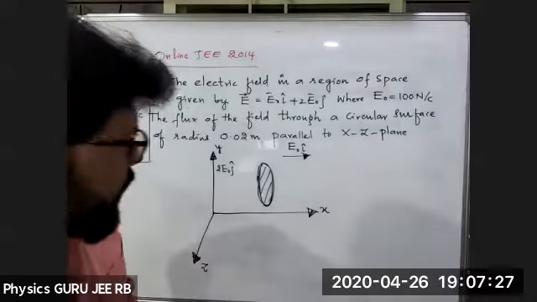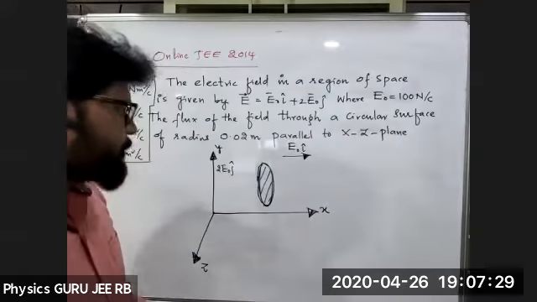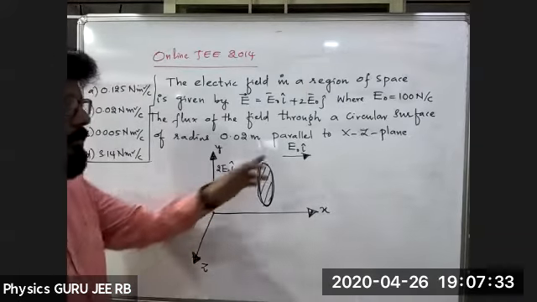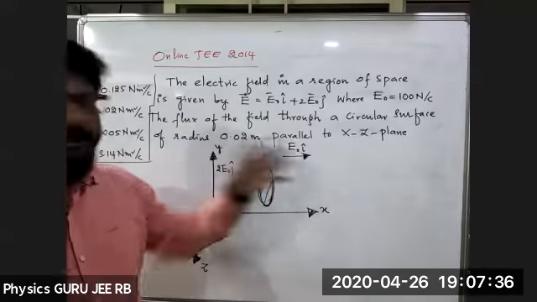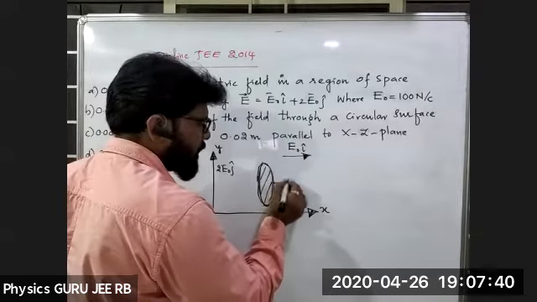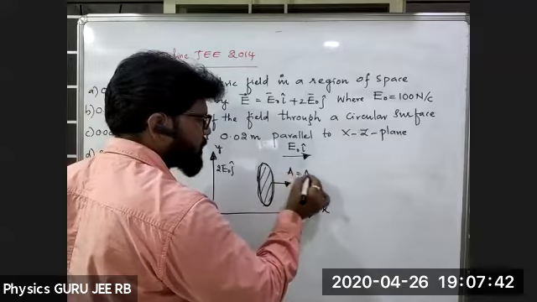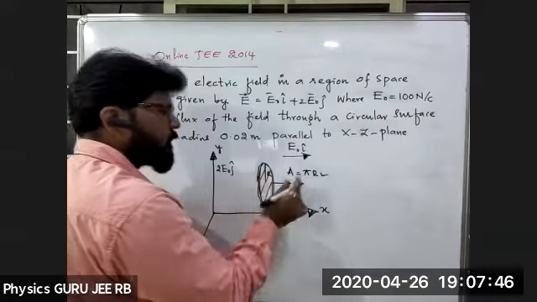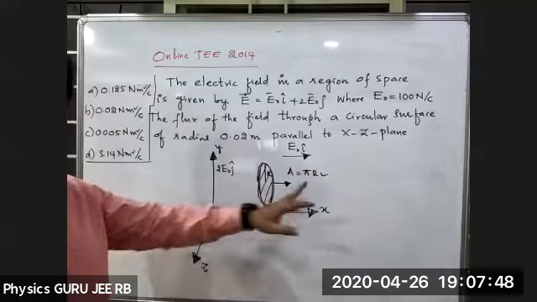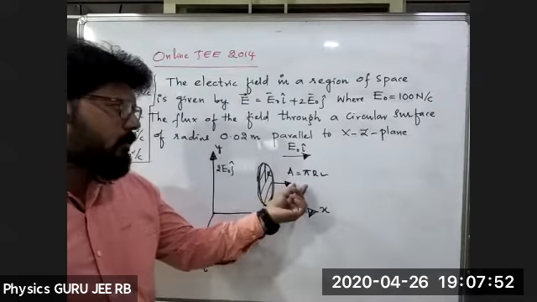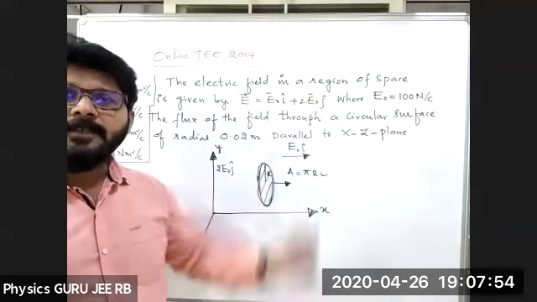Fine. Okay. Now here, what is given? Electric field E naught i is in that direction. Now the electric area vector, if I take area pi r square, where r is the radius, A is nothing but pi r square. Everything is okay. So what we require is the area in the direction of that electric field.